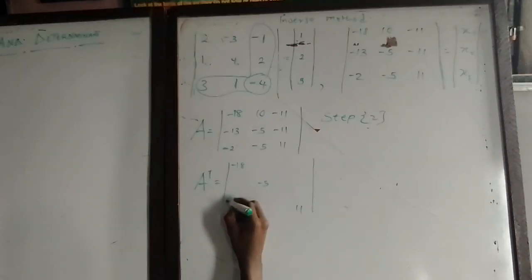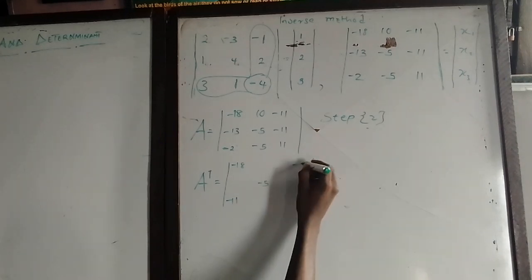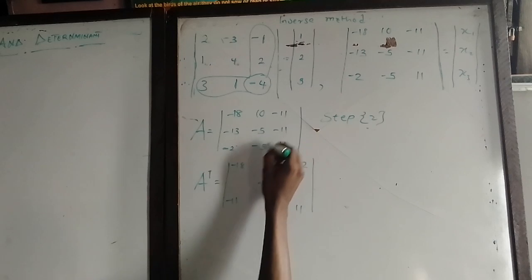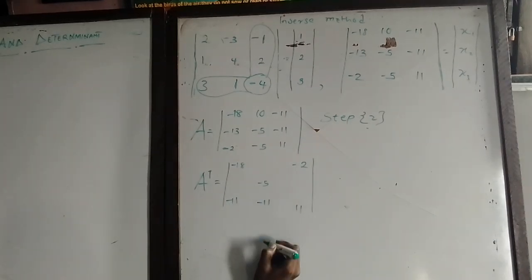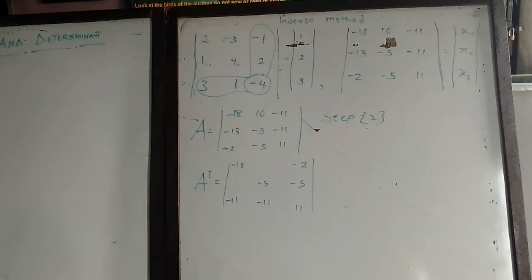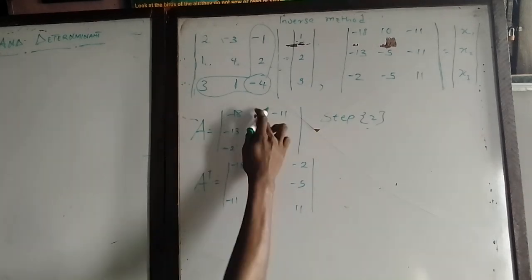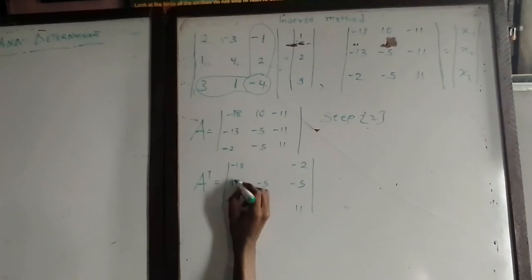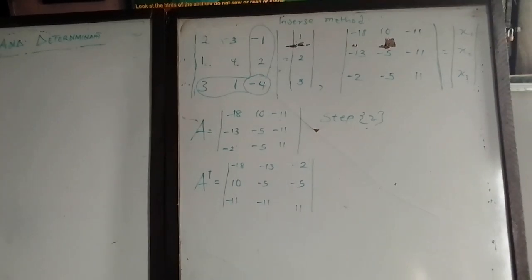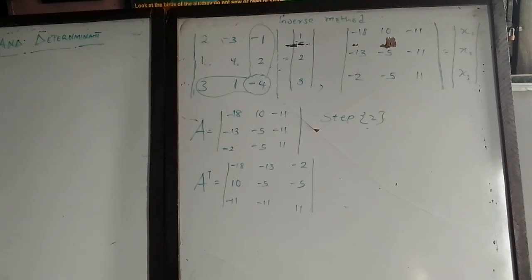So you are going to have minus 11, then minus 2. So this one too will come here. You interchange. So you have minus 11, then minus 5. Do you understand? So this one too will interchange. You have 10, you have minus 13. So that is the transpose, A transpose. That's how to solve transpose. Do we understand? So let's move forward.